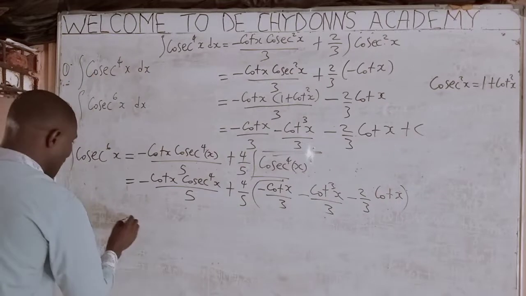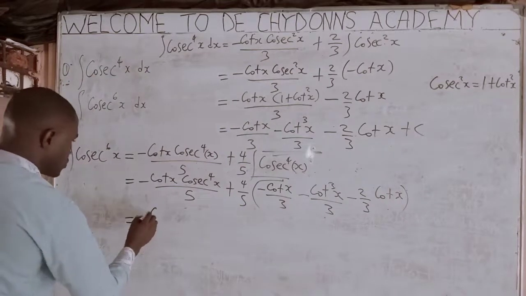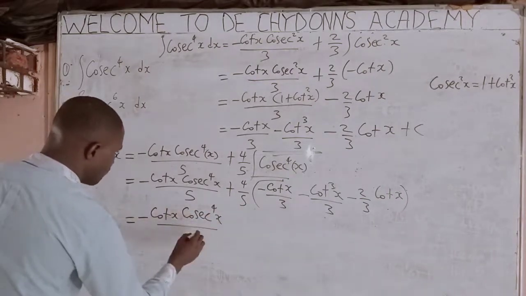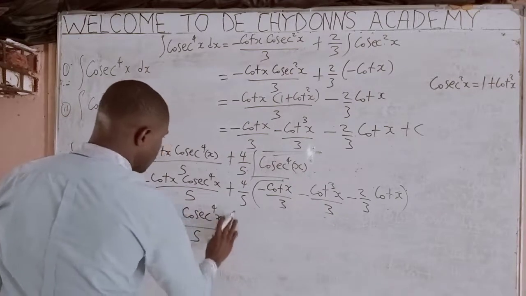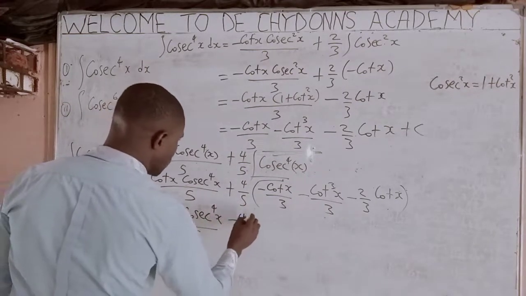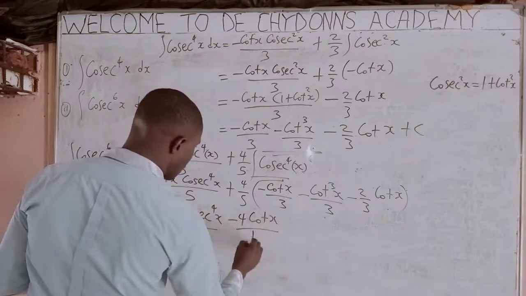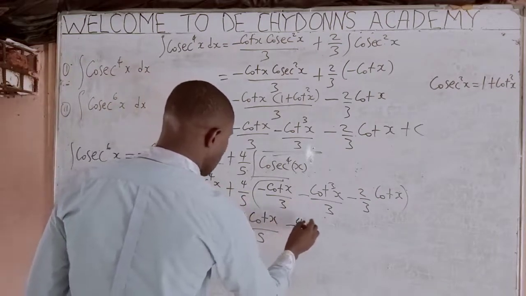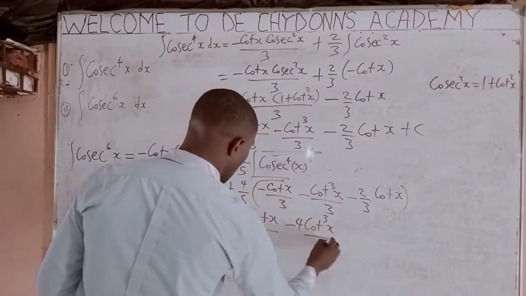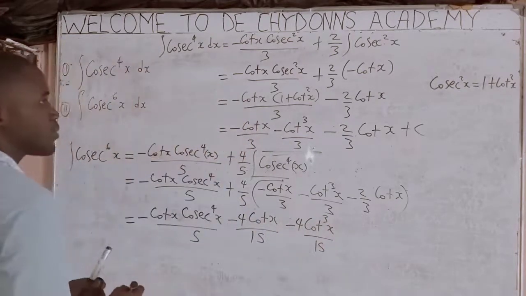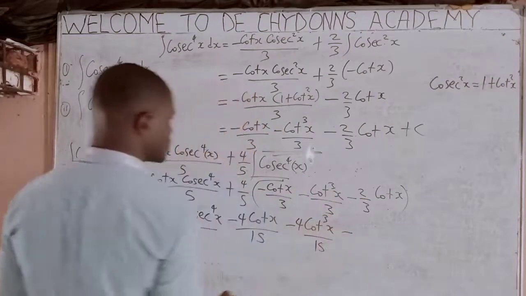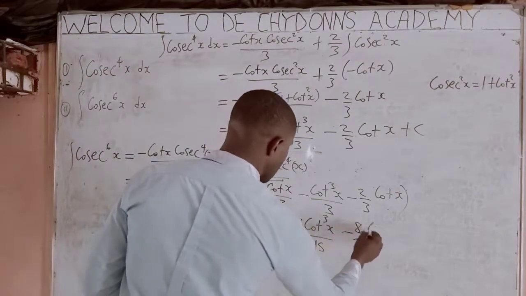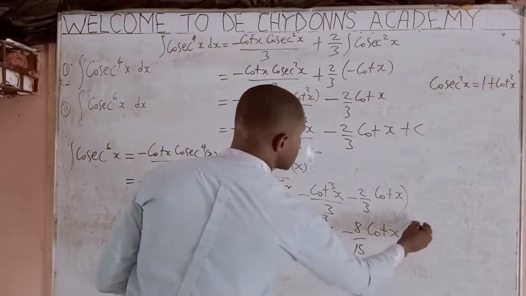Okay. So what we do at the end is sort it out. Finally, my answer will be minus cot x cosec raised to power 4 x all over 5 plus, this times this is minus 4 cot x all over 15, then minus 4 cot raised to power 3 x all over 15, then minus 8 all over 15 cot x, then plus c.